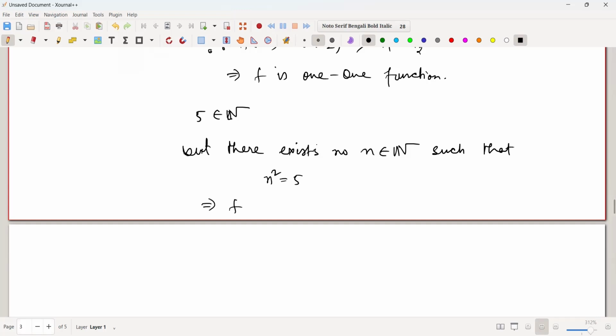That implies f is not an onto map. Onto function, onto map or onto mapping, all are the same. And onto means surjective, it is not a surjective map.